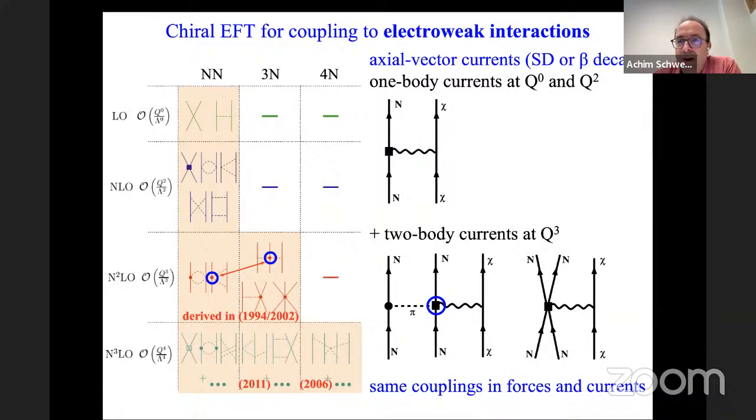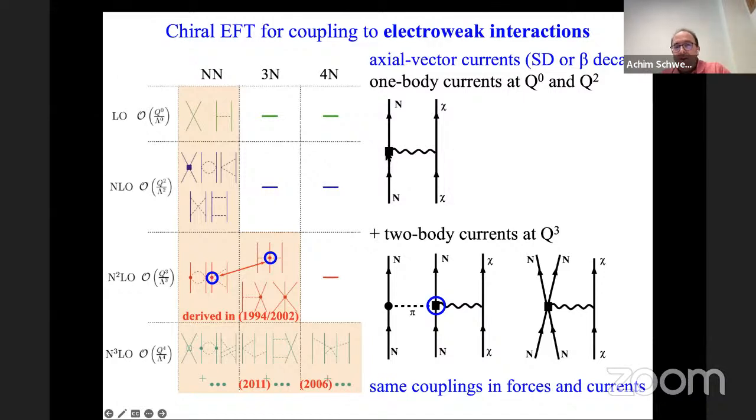If these were leptons instead of WIMPs, this would be beta decay. There's a one-body current at leading order, and also at next-to-leading order, Q squared. If we did it for beta decay, this would be Fermi's theory of weak interactions, and the Q squared correction would be radius corrections because the nucleon has a finite size.